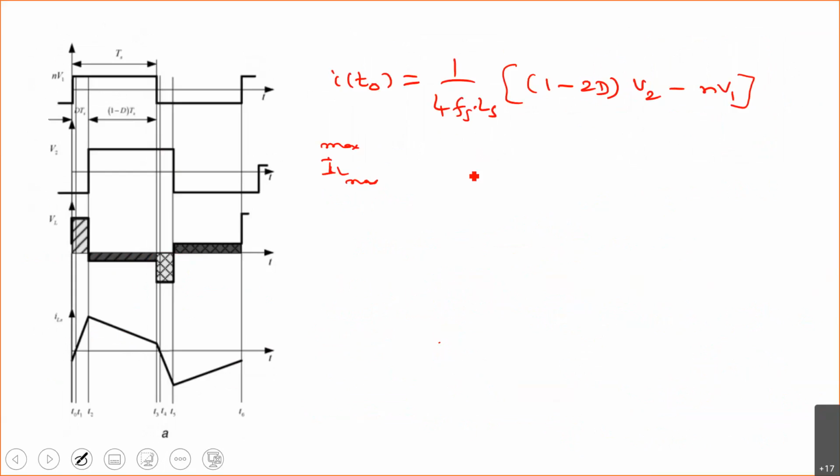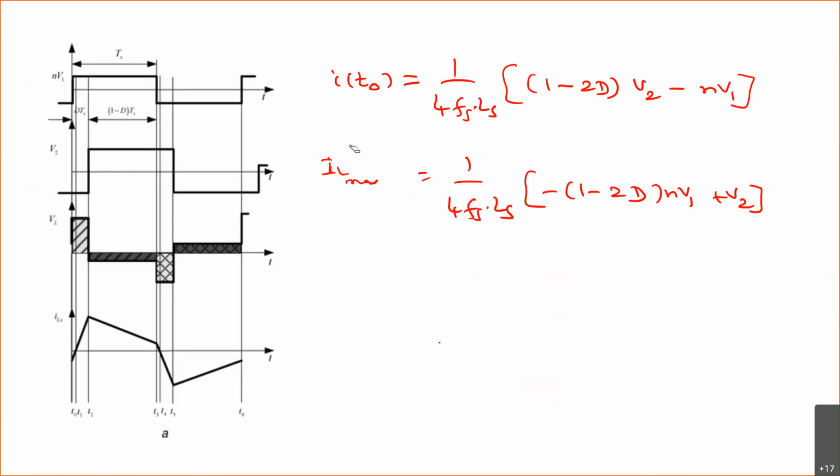So now it will be 1 by 4 fs ls into 1 minus 2d into V2, plus 1 minus 2d into NV1 plus V2. This is the inductor maximum current.